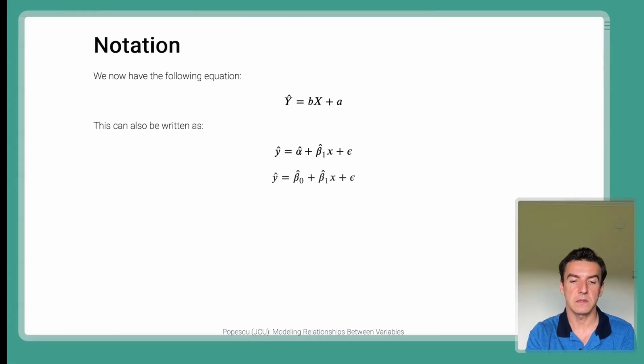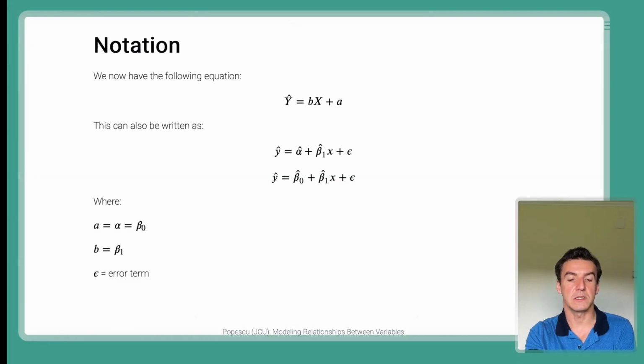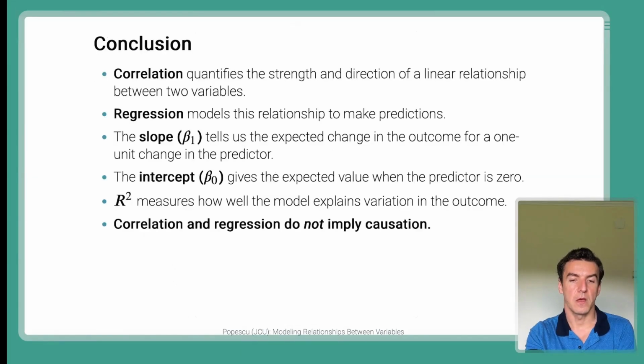Or you might also find notation where, instead of alpha hat, you see beta 0, and epsilon is called the error term. So I wrote here once again: alpha is equal to a is equal to beta 0, b is equal to beta 1, and epsilon is the error term.